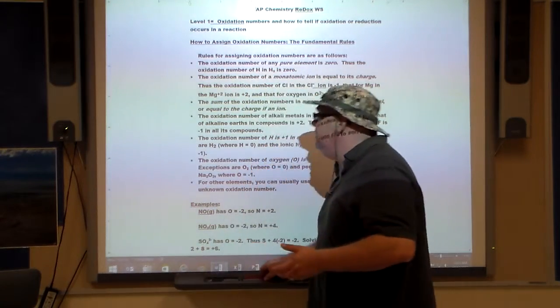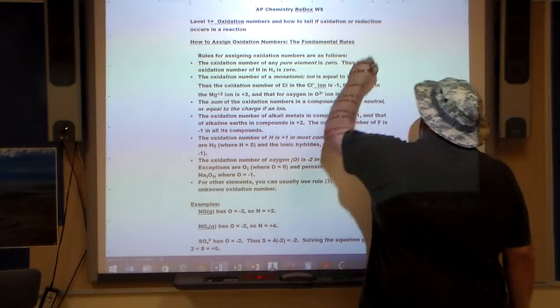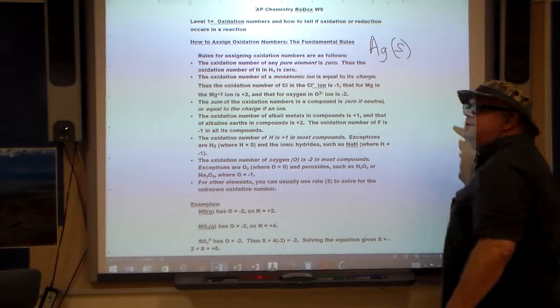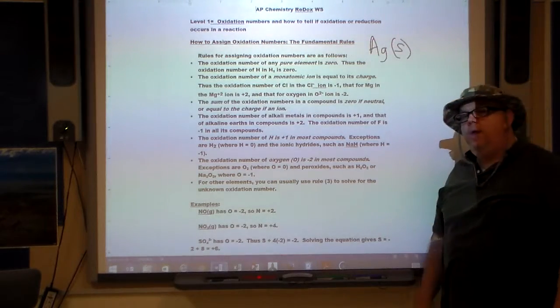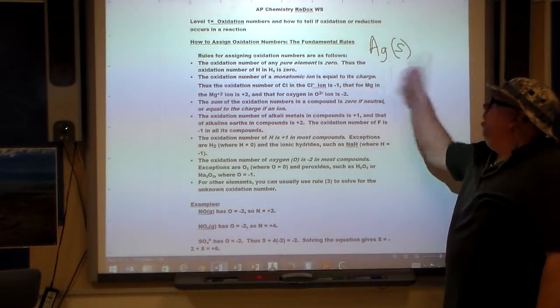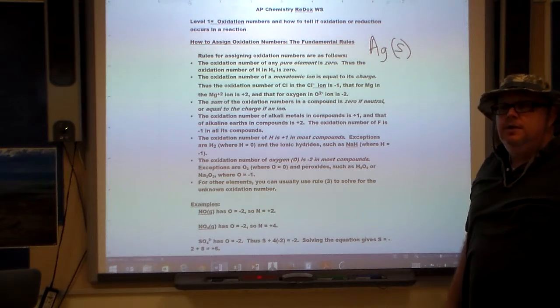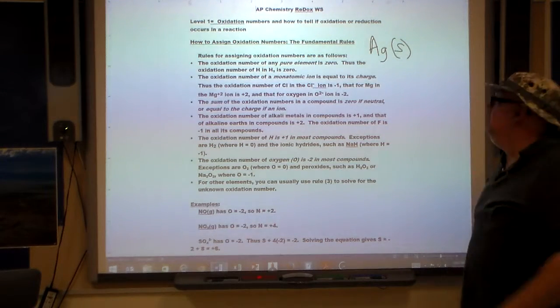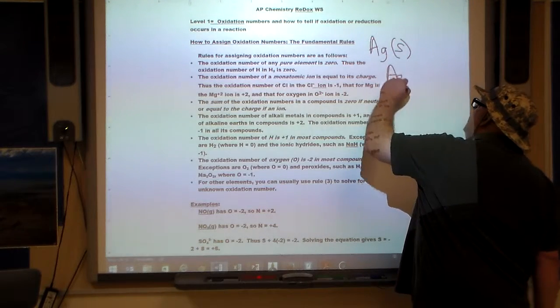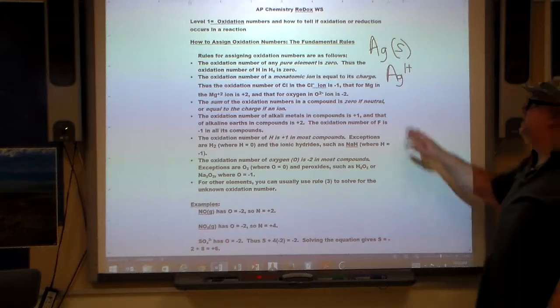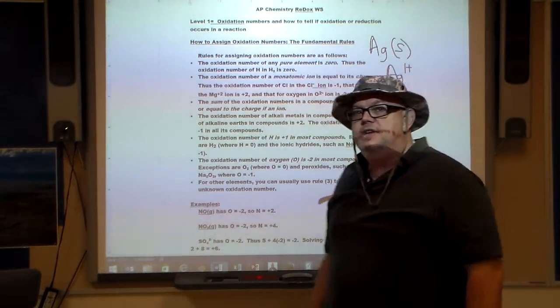Now, how do we see this in a reaction? Typically, for example, we can look at Ag. When we look at that in an equation, that has an oxidation number of 0. Now, if it loses an electron, then the Ag becomes a +1, which is its typical oxidation state.